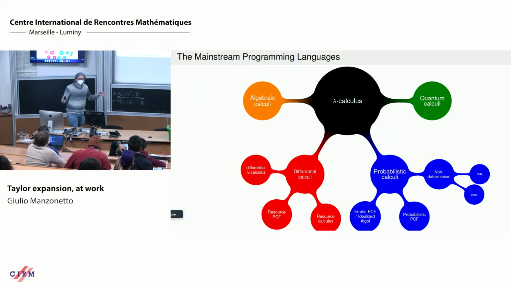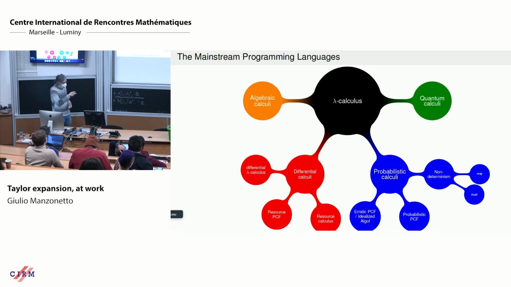OK, so this theory is very beautiful, but the problem is that it does not generalize to the programming languages that we are interested in, like algebraic, differential, probabilistic, and quantum languages.